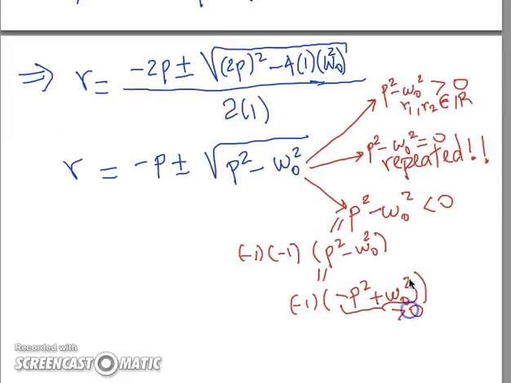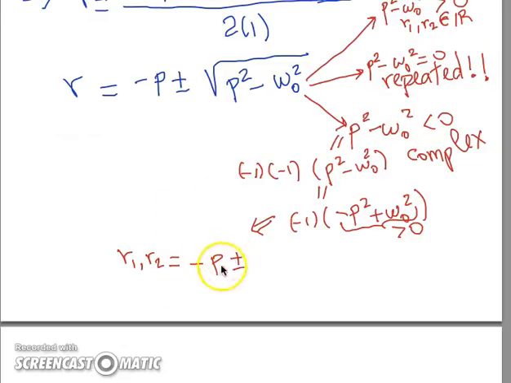This is now positive, which means this will be the case in which we have two roots with non-zero imaginary parts, two complex roots. And so these roots would look like minus p plus or minus the square root of negative 1, which we write as i, times the square root of minus p squared plus omega 0 squared.